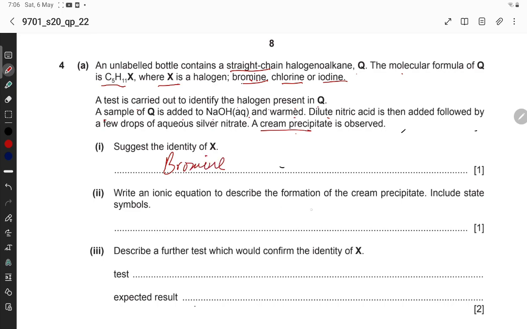Write an equation to describe the formation of the creamy precipitate. Include state symbols. Ag+ aqueous plus Br- aqueous to form AgBr solid.